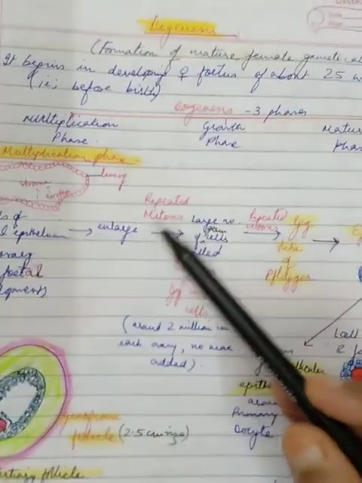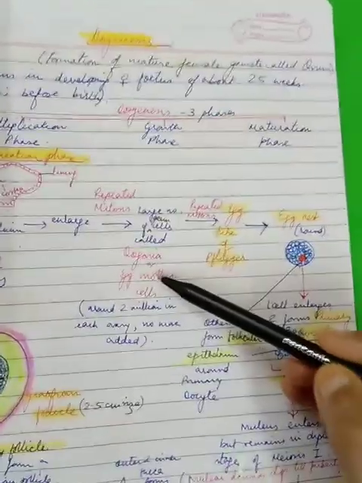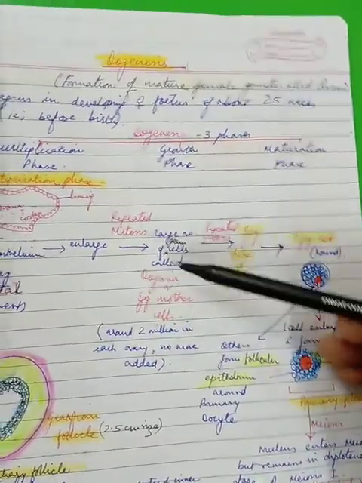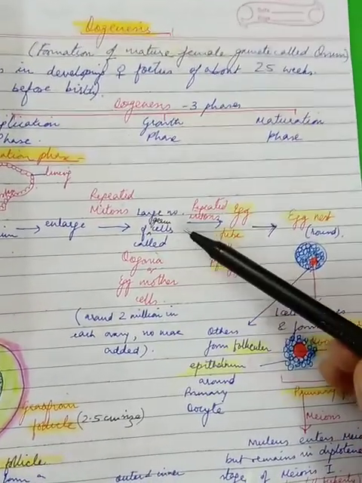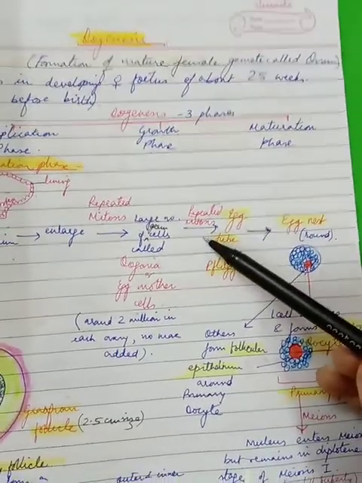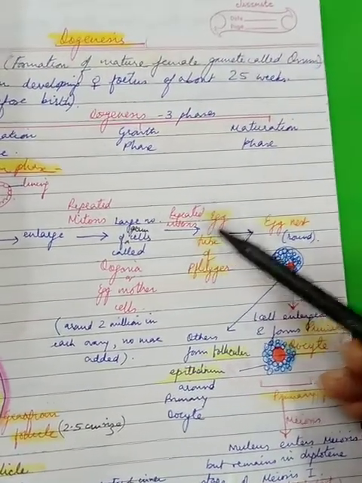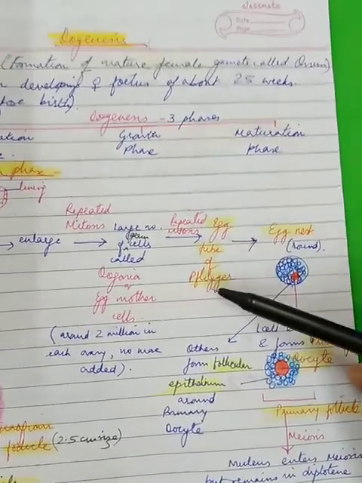After the enlarged cells underwent repeated mitosis and formed oogonia or the egg mother cells, each oogonium, I am talking about one oogonium, divides once again by repeated mitosis, and it forms a structure called the egg tube of Flugger.